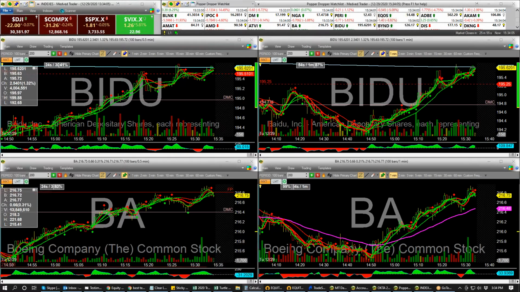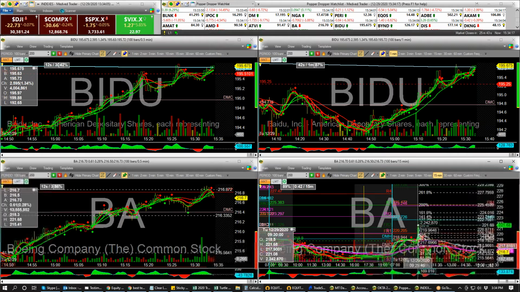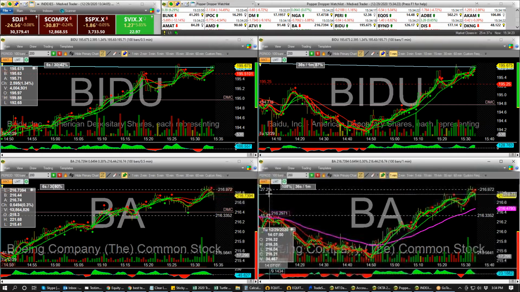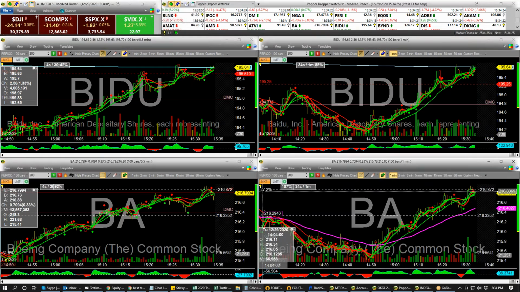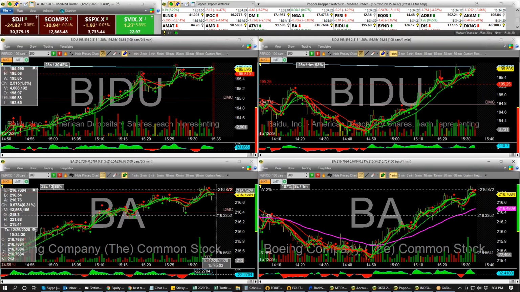All right, we just reversed off a fib pivot on Boeing. I wonder if we have a first 15-minute fib level. Yep, look at that right there. First 15-minute fib level, right at the 127 of the first 15 minutes. So we have a fib pivot and the 127 in the first 15 minutes.